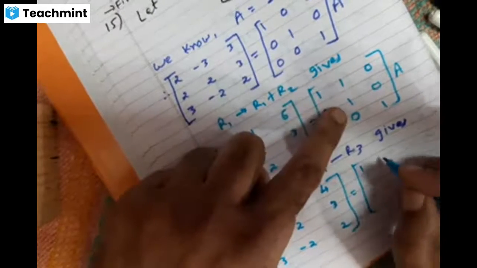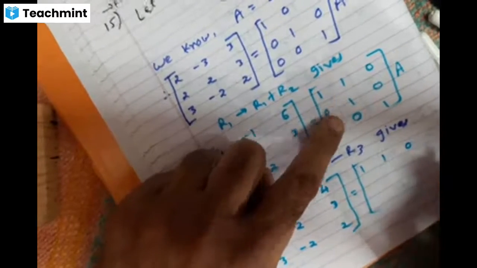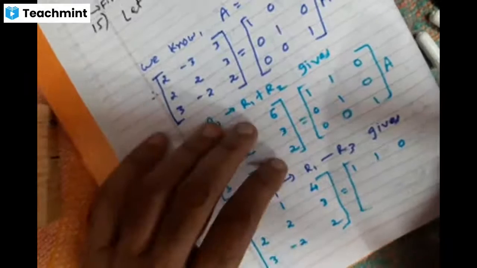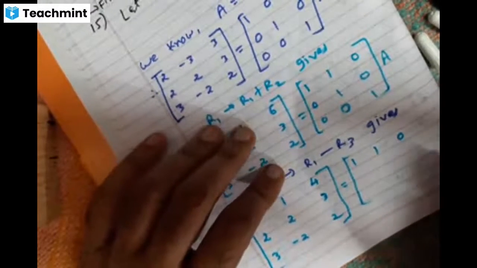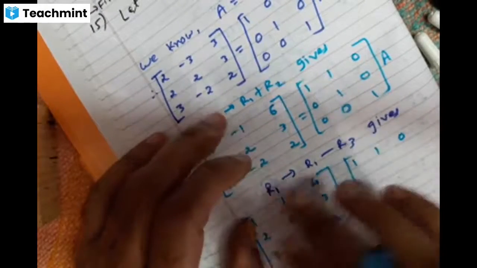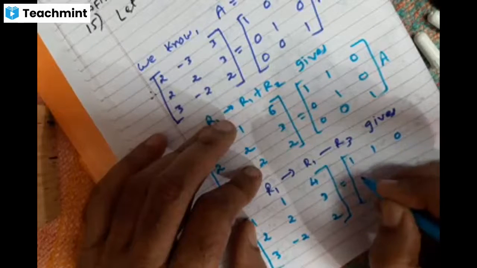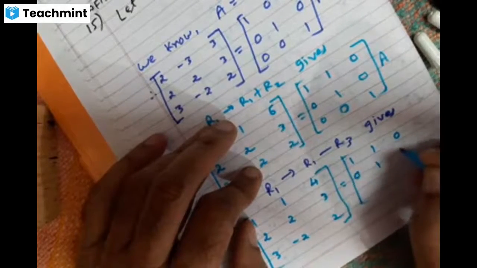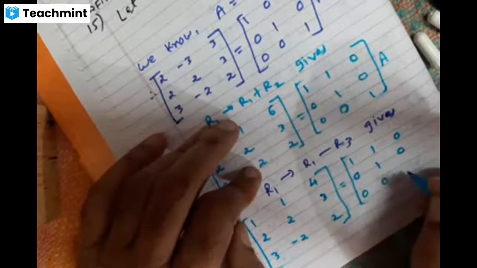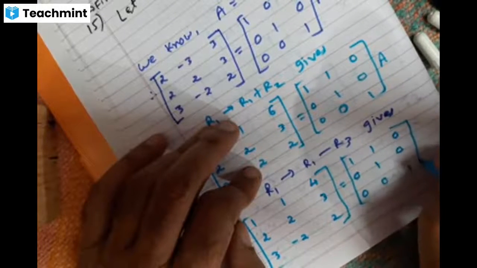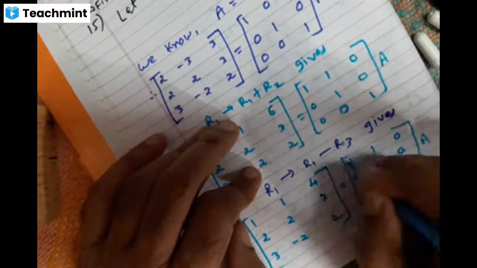Here also 1 minus 0, 1 only, means no change on the RHS, but there will be change in some of the problems. Okay, so we have to apply the operation on both sides simultaneously. I repeat, 0 1 0, 0 0 1 into A.